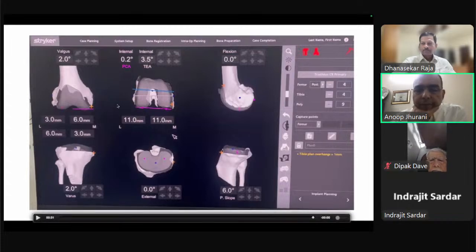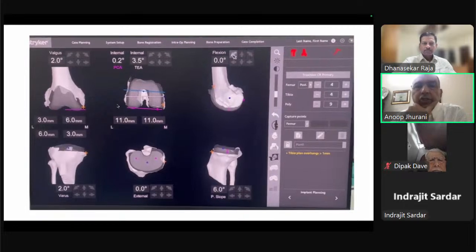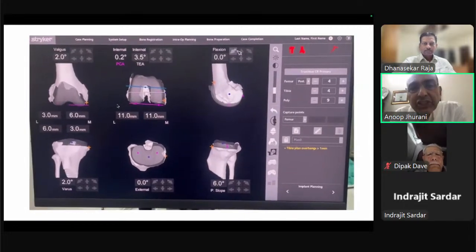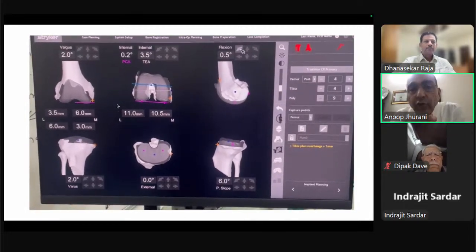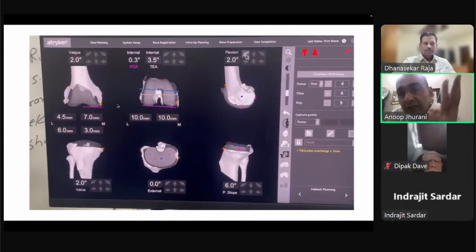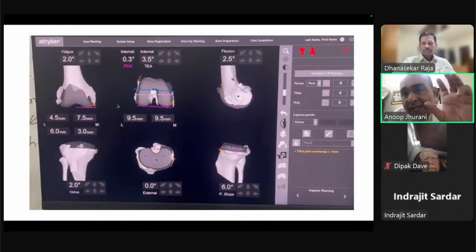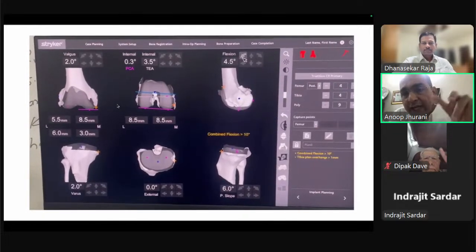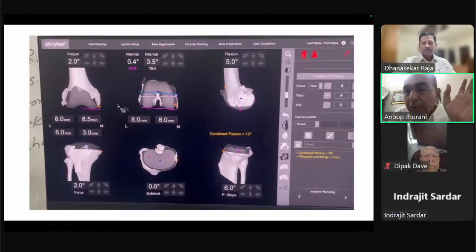Yeah, so you can see that the flexion of the femur component, as I said, when you increase the flexion of the femoral component, you will decrease the posterior cut by 3 millimeters. So every 5 degrees of flexion of the femoral component will change the posterior cut by at least 2 millimeters.